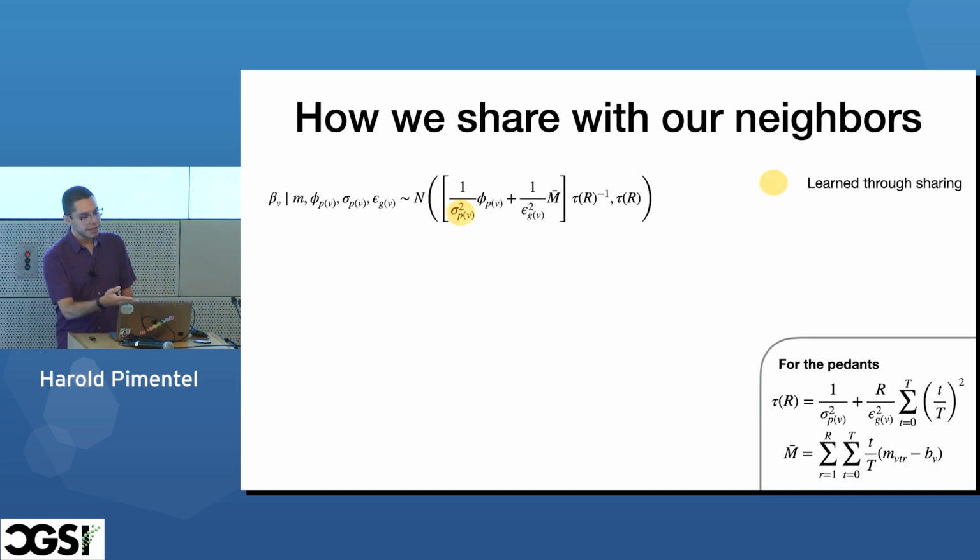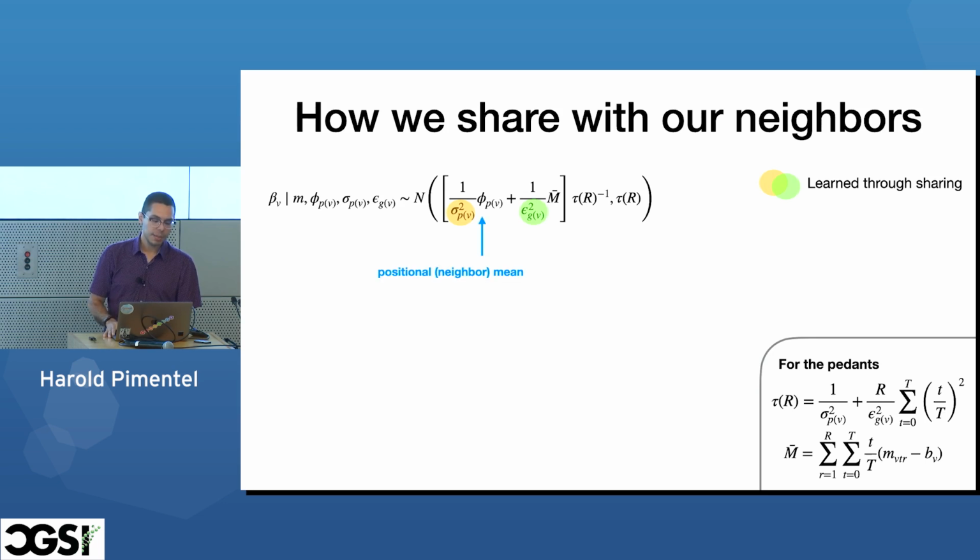And so this is the position-specific variance that you're learning through some degree of sharing. This is the mean-variance relationship that you might see in something like DESeq. And this is the positional mean, and this is the data. And you see that there's some reweighing as a function of these variances.